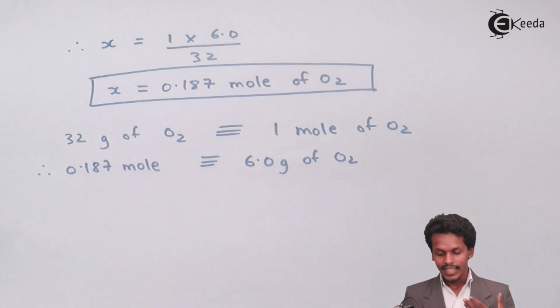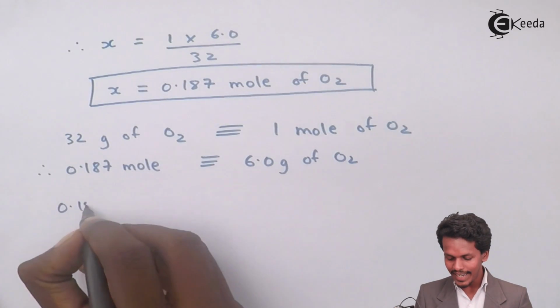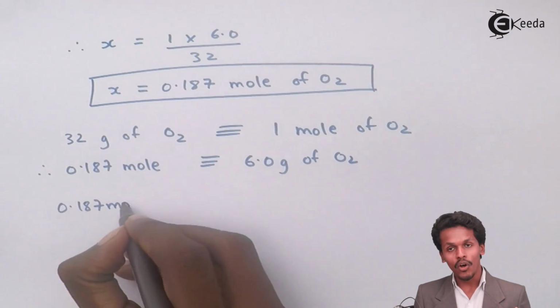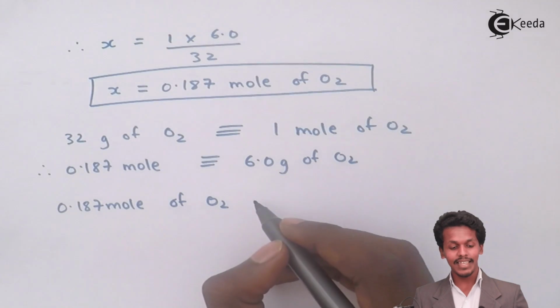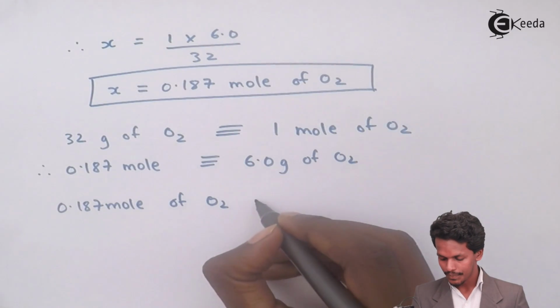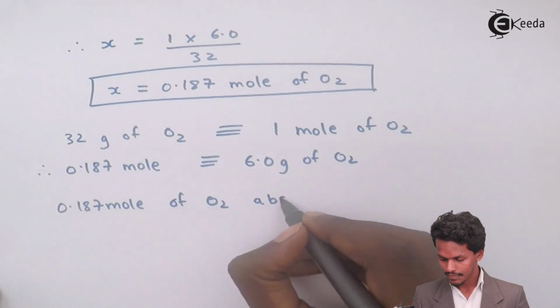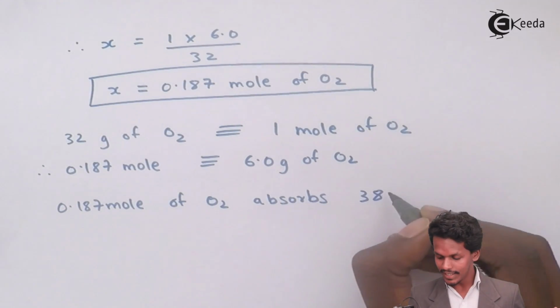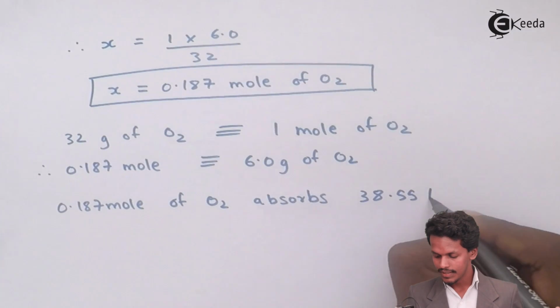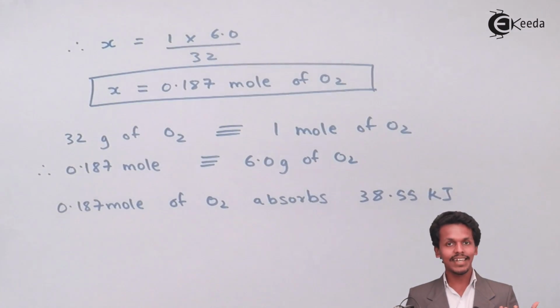And in this case 6.0 gram of oxygen, that is 0.187 mole of oxygen, absorbs the heat energy of 38.55 kilojoule.